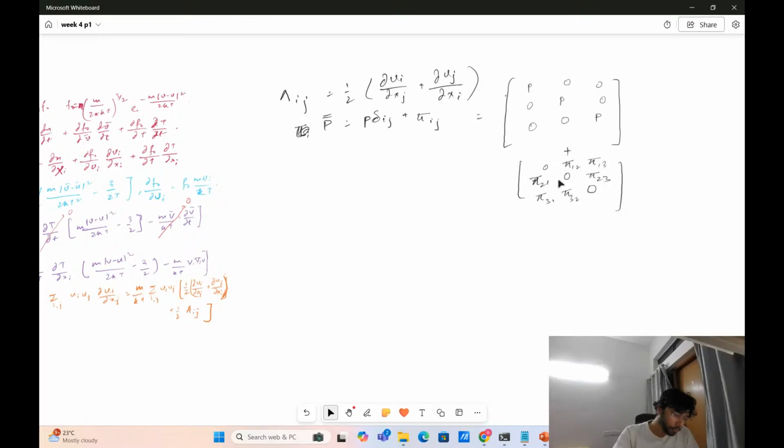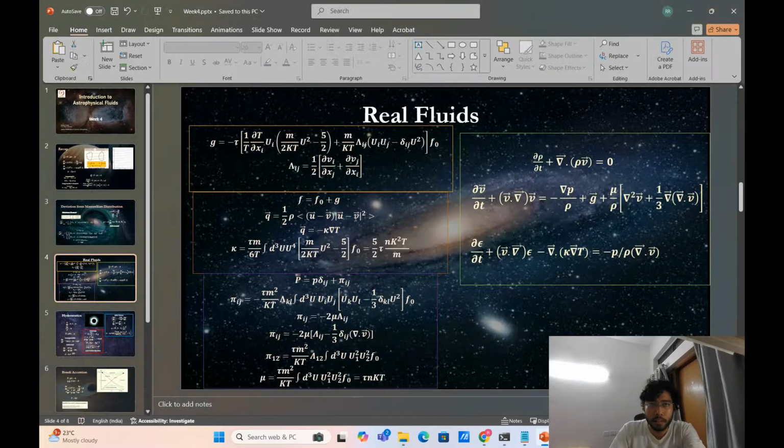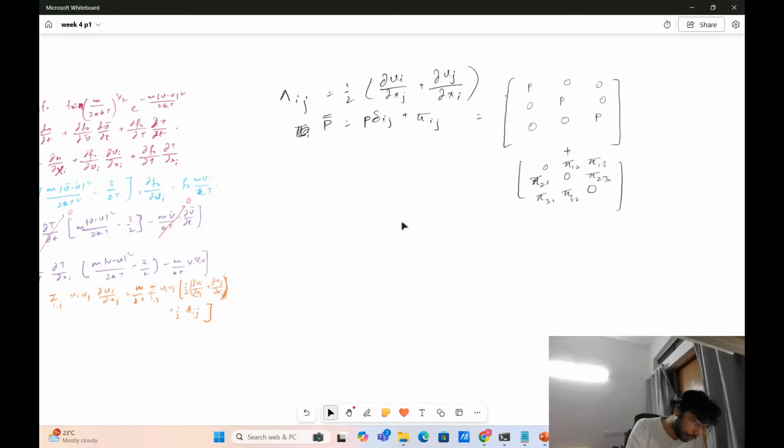Now, from this expression, as I said, we can just take mu to be all the terms except the lambda term, and then we can express pi ij as minus 2 mu lambda ij.